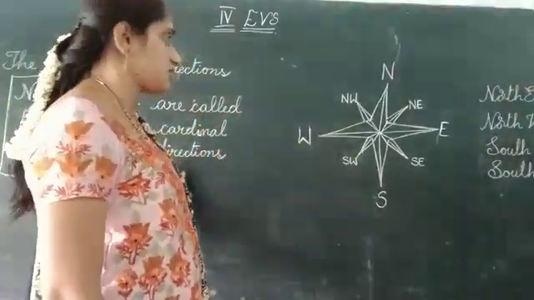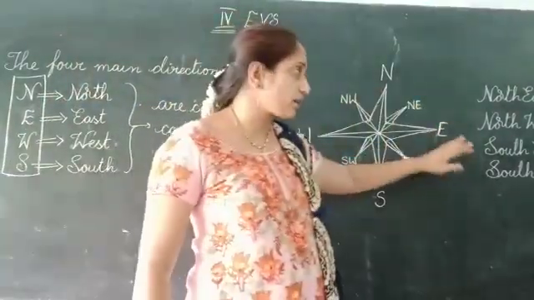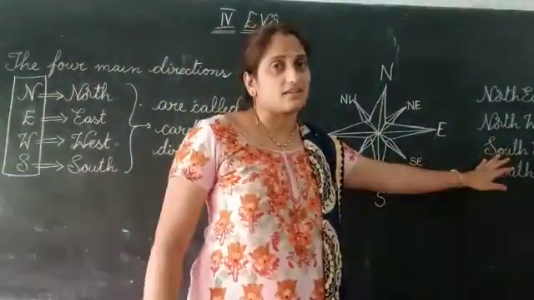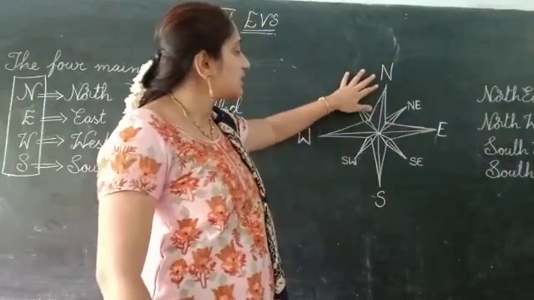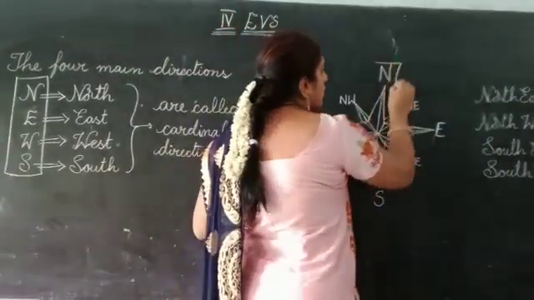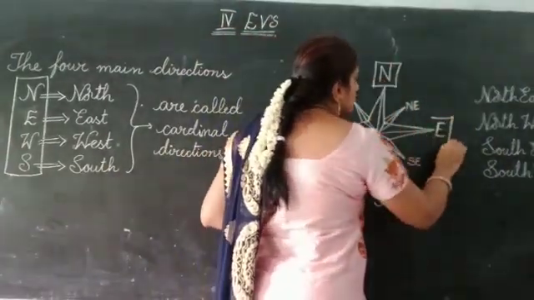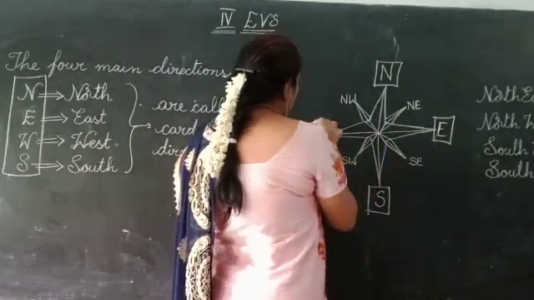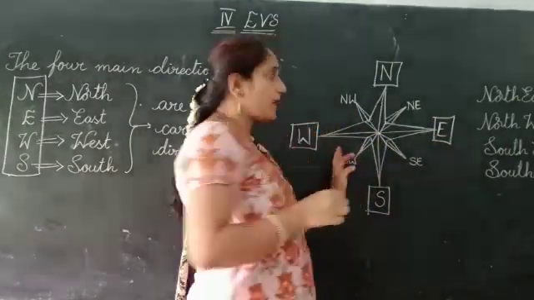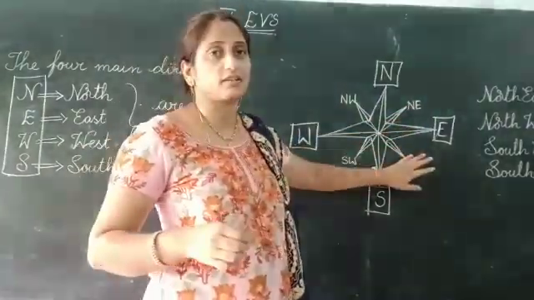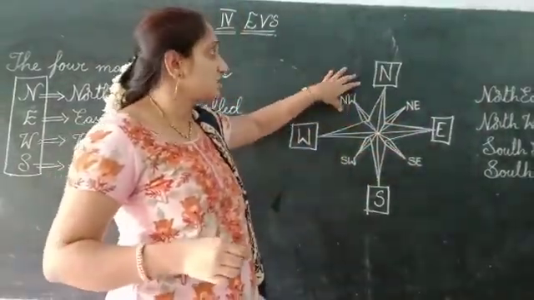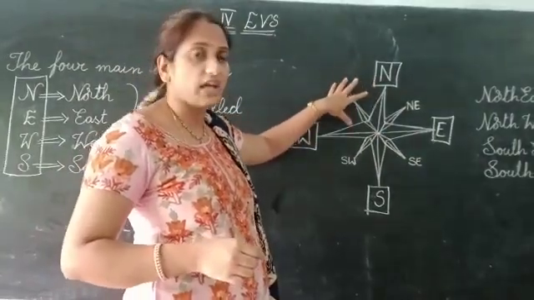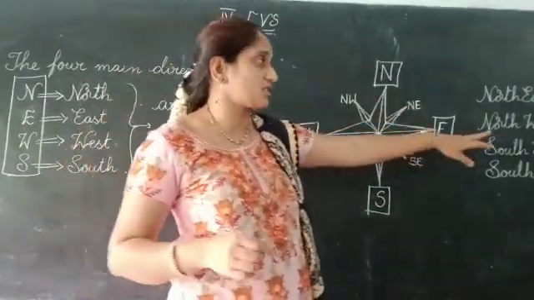Apart from these directions, we have 4 more directions. What are those? This is the main direction of north, east, south and west. The directions which lie between these directions are called ordinal directions.